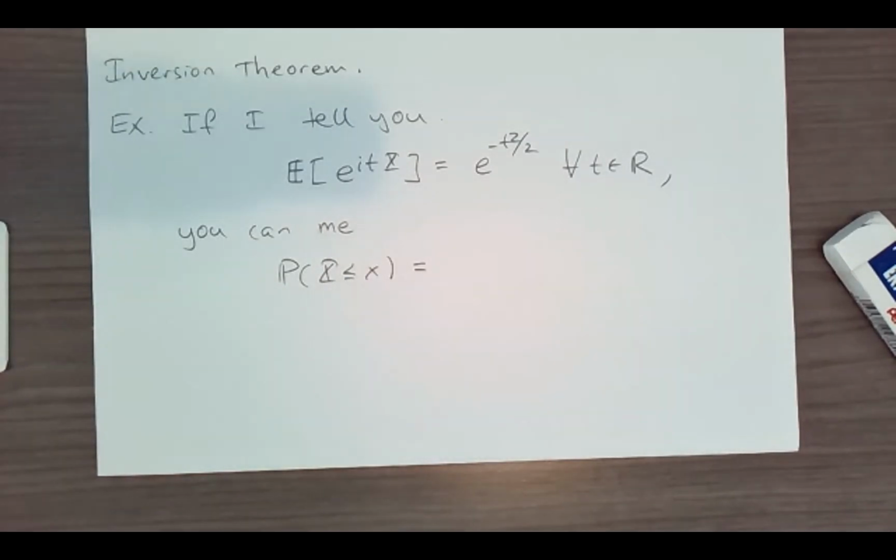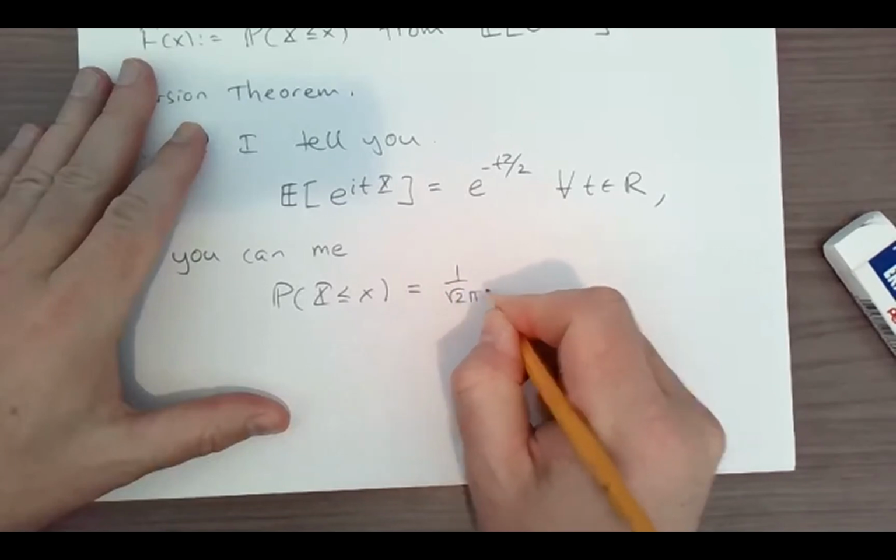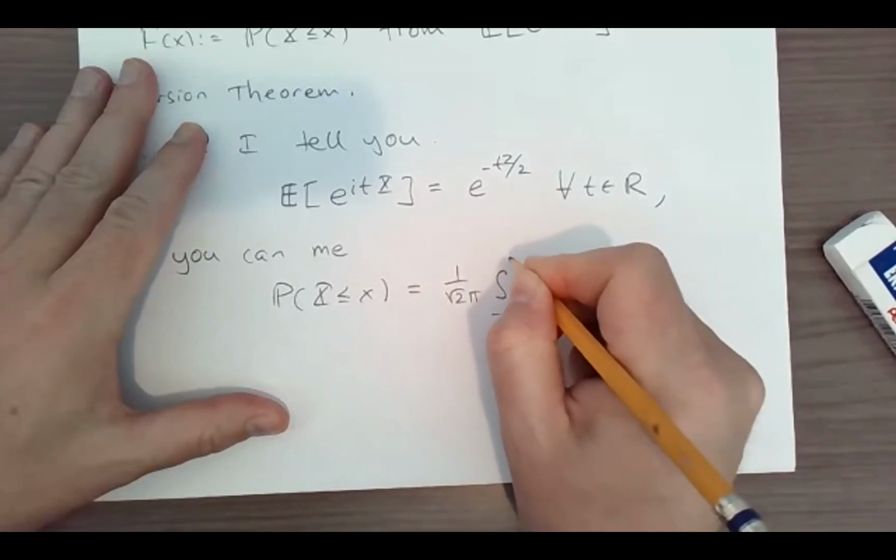That's right. Meow was right. This is equal to N(x). This is equal to 1 over root 2 pi, integral from minus infinity to x.